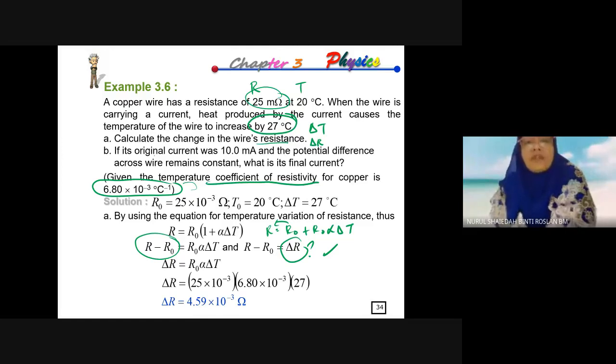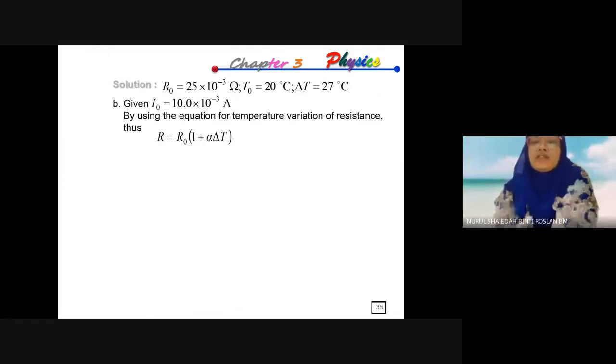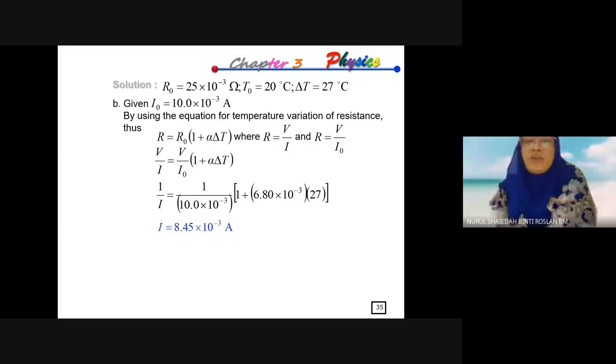Okay, soalan B. If the original current is I0, so dia bagi I, dan dia bagi potential difference remain constant. What is the final current? So V adalah sama, V initial and V final is the same. I is different. So actually you boleh guna formula Ohm's law, iaitu V equals to IR kan.